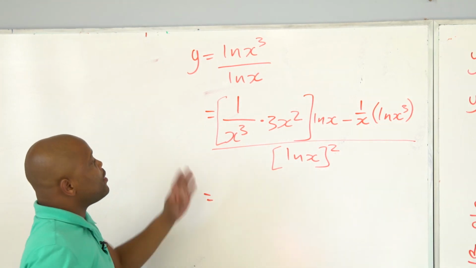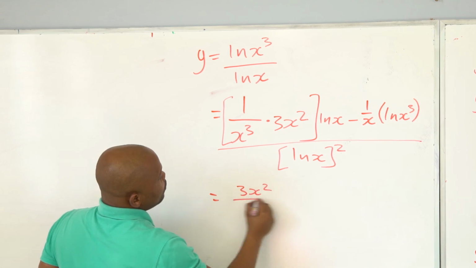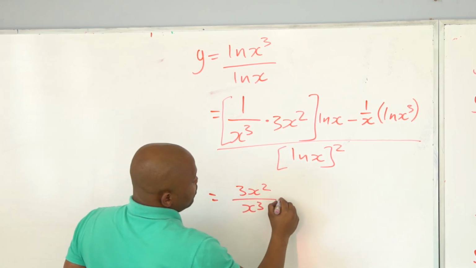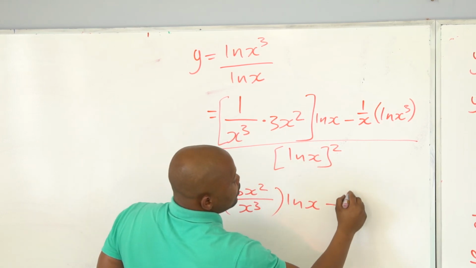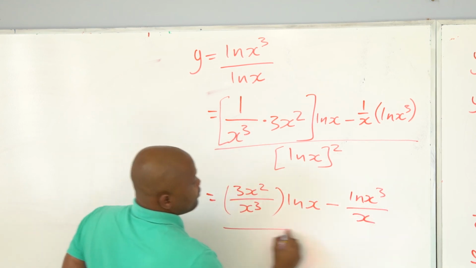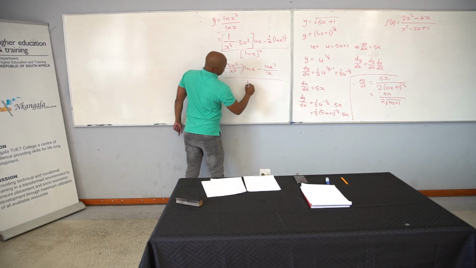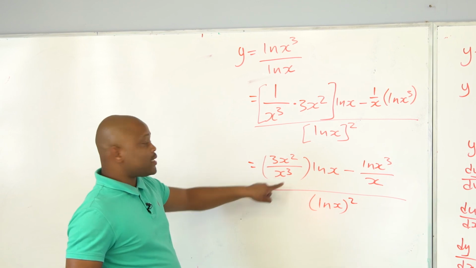Then from there, I just multiply out. This at the bottom gives me 3x squared all over x to the 3 multiplied by ln x, minus ln x to the 3 all over x, everything divided by, I'm just going to leave it at ln x squared. You can see that this and this will cancel each other.